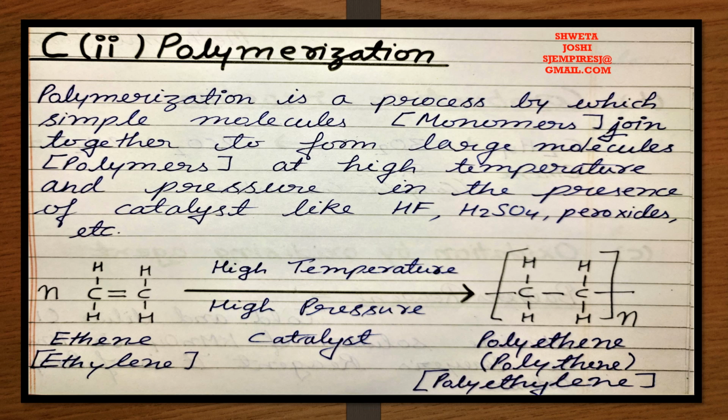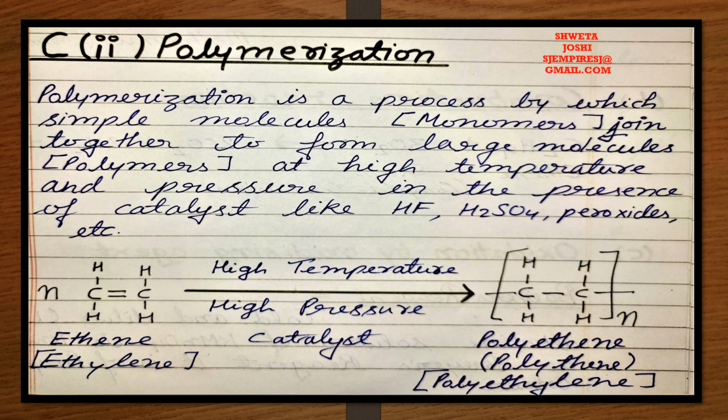Now taking up an example of polymerization in case of ethene. For the reaction, we have to take a large number of ethene molecules, which can be above 1000 molecules of ethene, under high temperature and pressure condition in the presence of catalyst. There will be dissociation of the double bond between carbon atoms and ethene molecules will combine together.